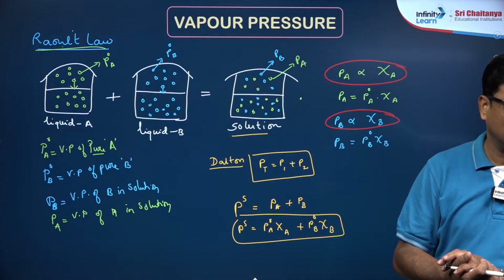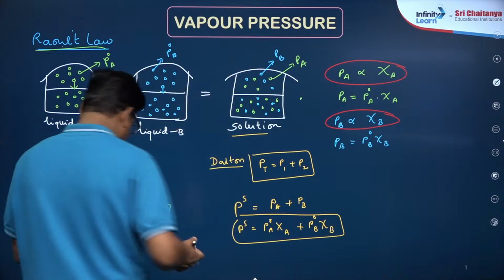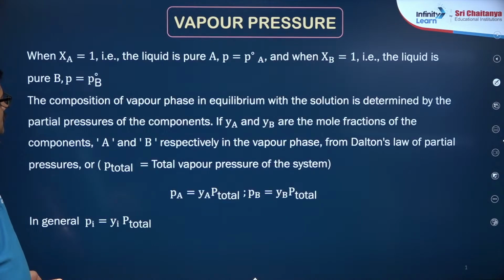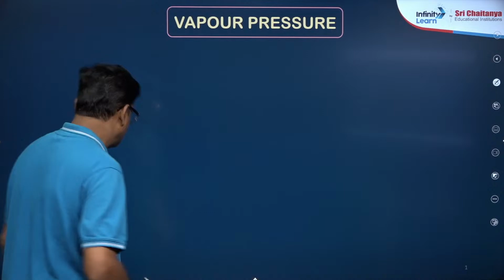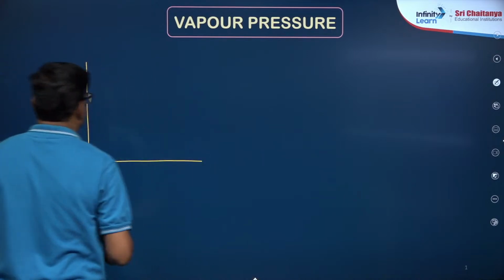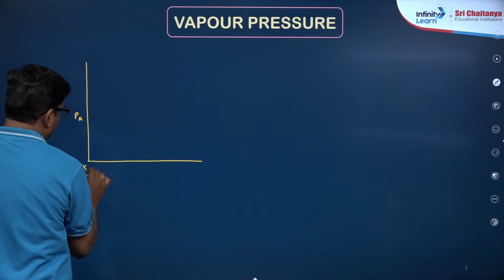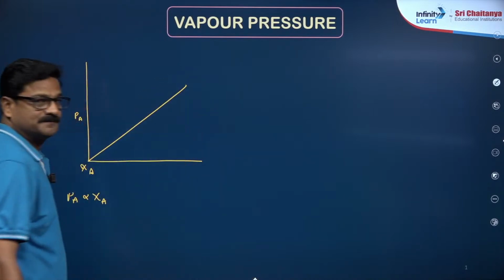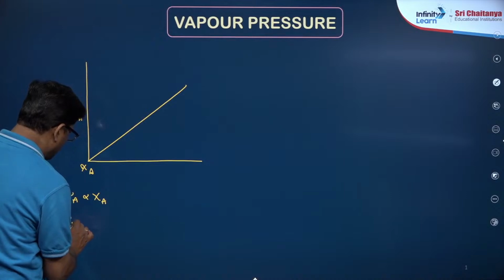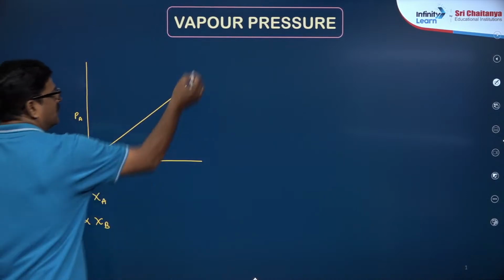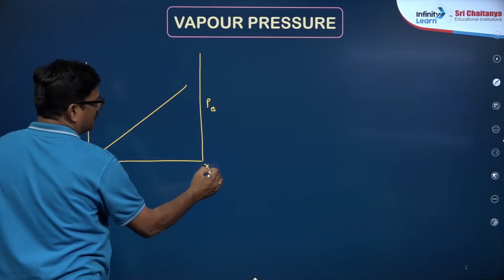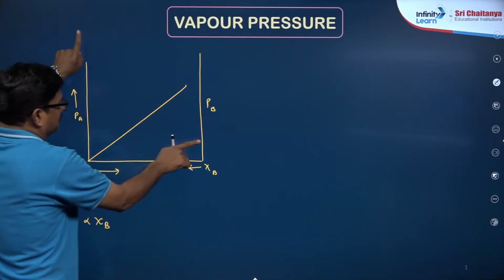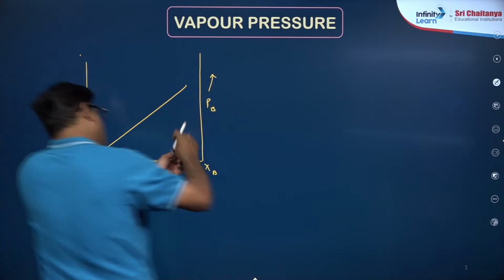All right, let's go ahead. If you talk about PA, it says that PA is directly proportional to mole fraction of A. Similarly, PB is directly proportional to mole fraction of B. Look at the graph: PA versus mole fraction of A like this, PB versus mole fraction of B like this.